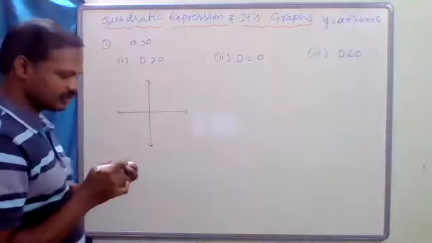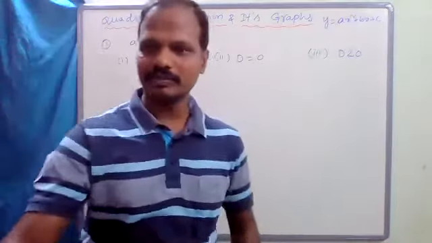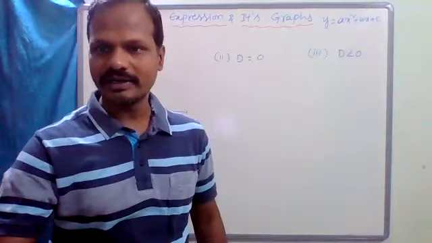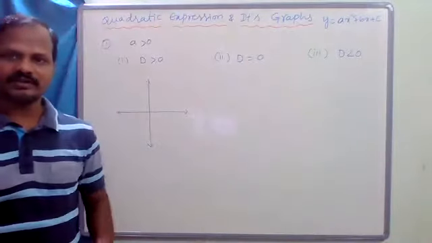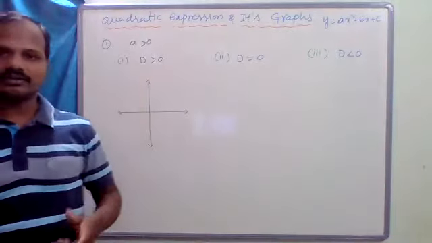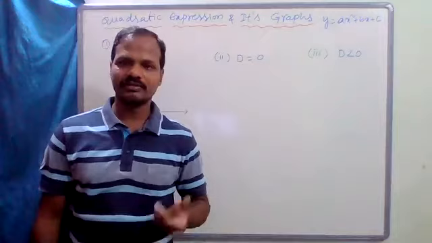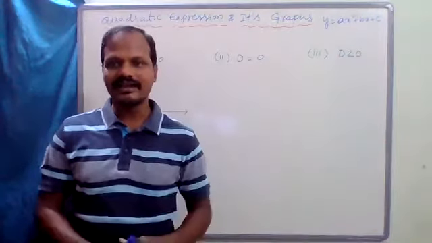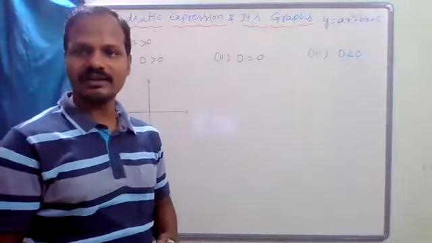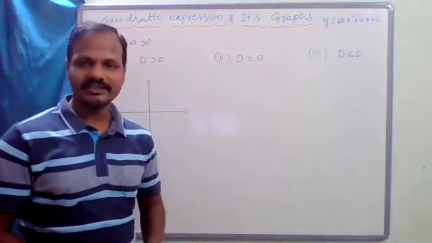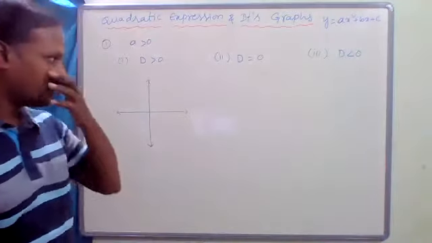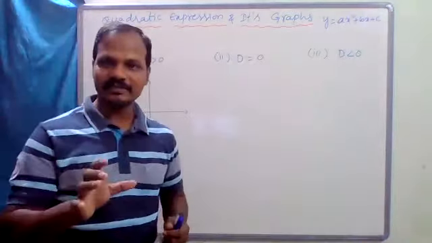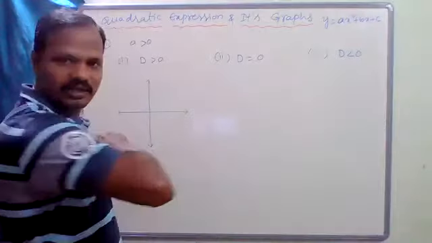If D greater than 0, what about the nature of the roots of the quadratic expression? The roots are real and distinct. Is it clear? Roots real and distinct means the roots form on the x-axis.